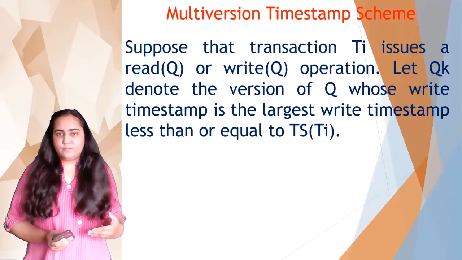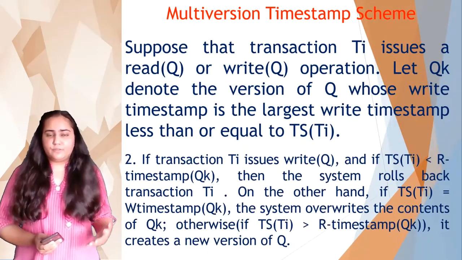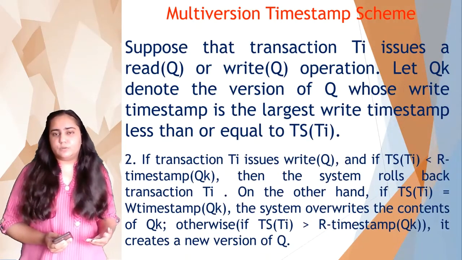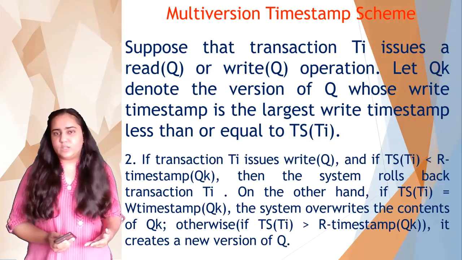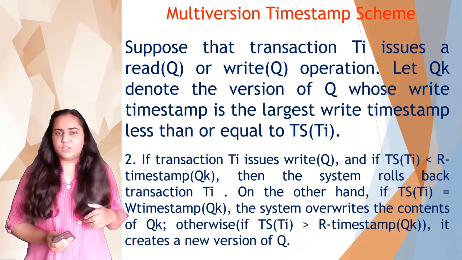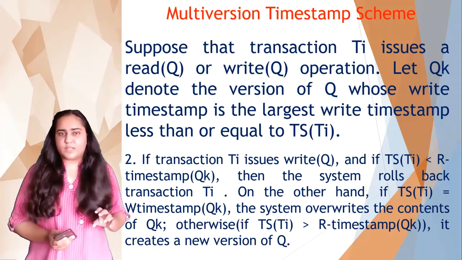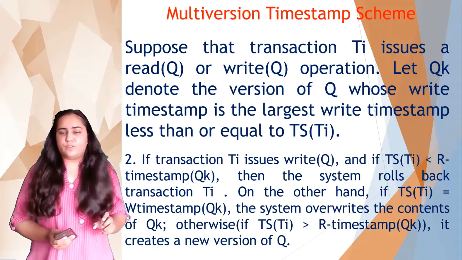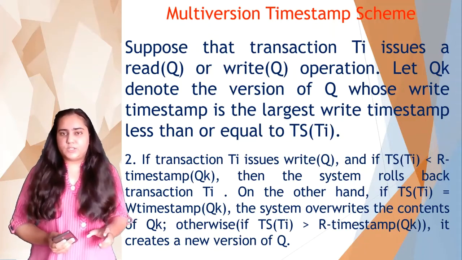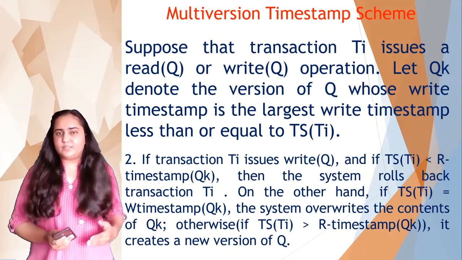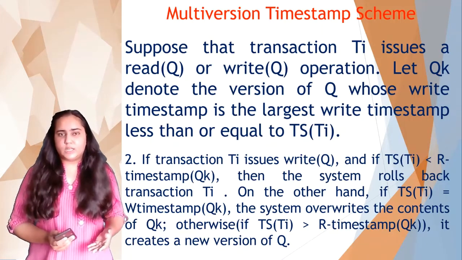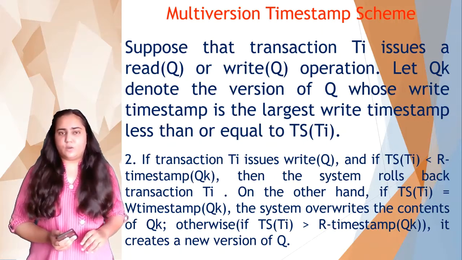Now the second part is if the transaction Ti wants to issue a write Q. So this is where we need to think about it. Read Q is simple. You just pick the version of data item Q with the largest write timestamp less than or equal to the timestamp of Ti, and then just return its content.